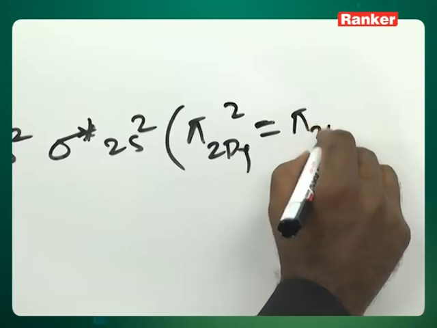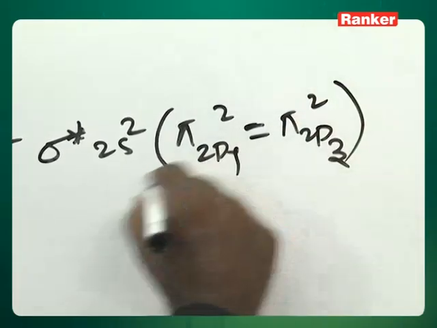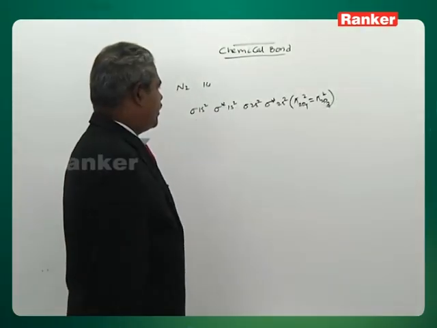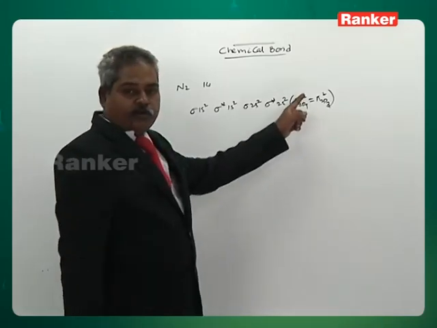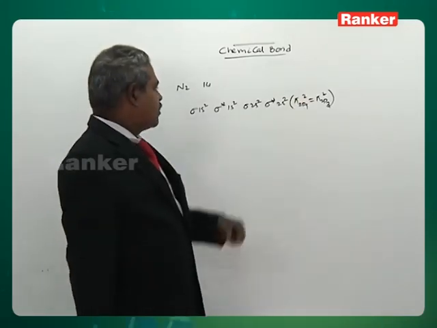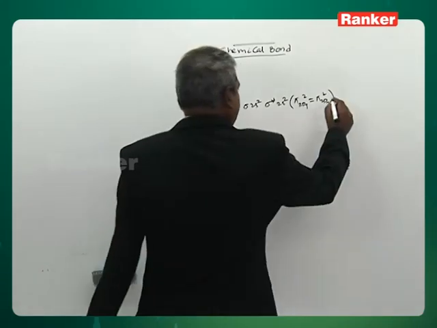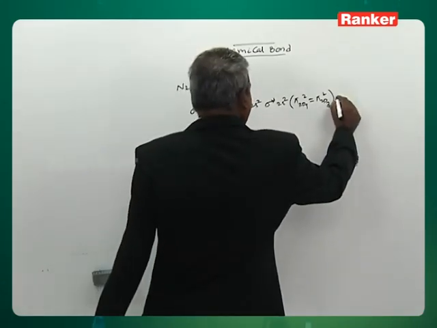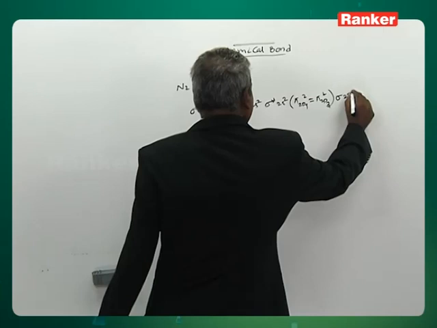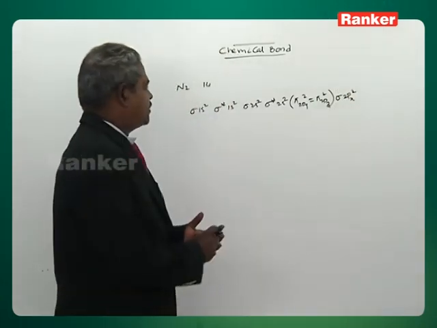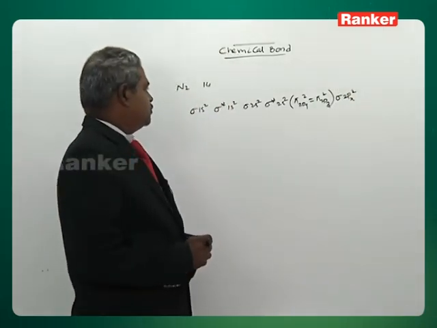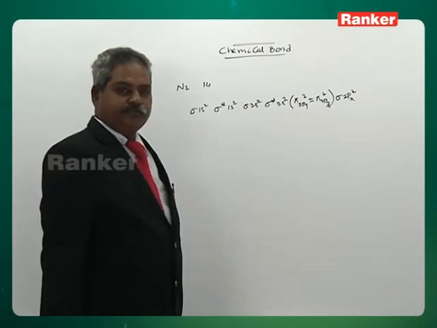So, pi 2py2, pi 2pz2, they are equal. So far we have distributed pi 2py2, pi 2pz2, 12 electrons are over, and then sigma 2px2. So this is the order.